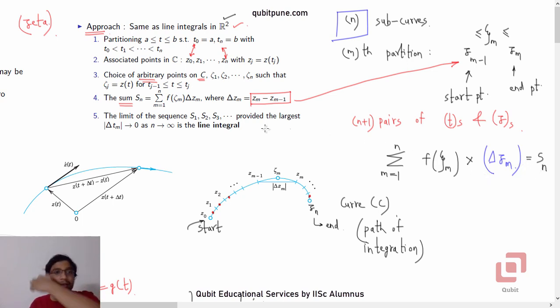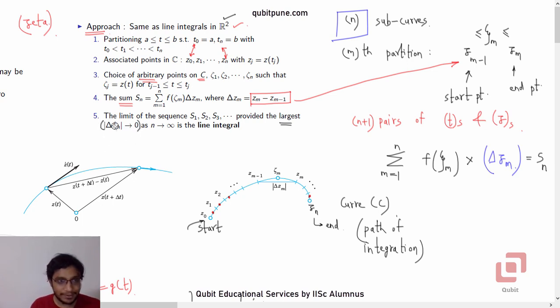Okay, so if we just continuously repeat this process for larger and larger numbers of subcurves, making sure that the difference between the consecutive complex numbers goes to 0. If the limit of the sequence exists, we call it the line integral. What I said is the largest delta Tm tends to 0.